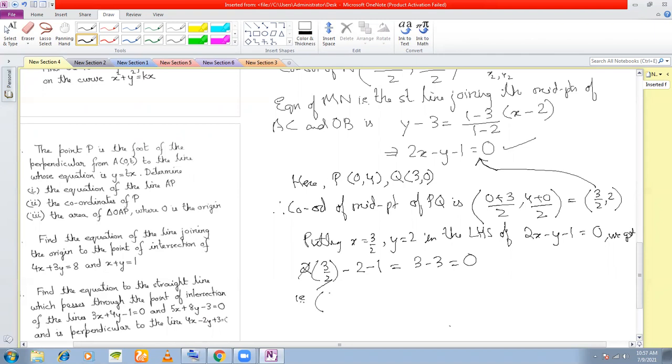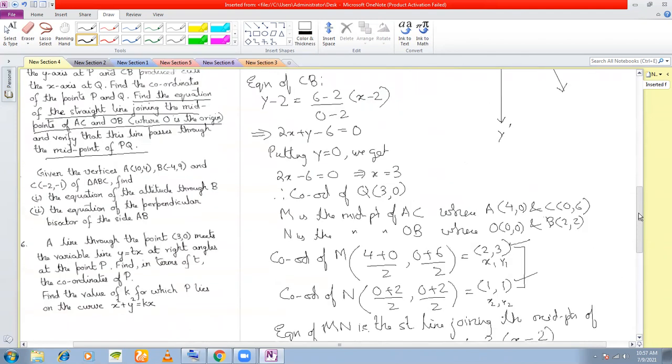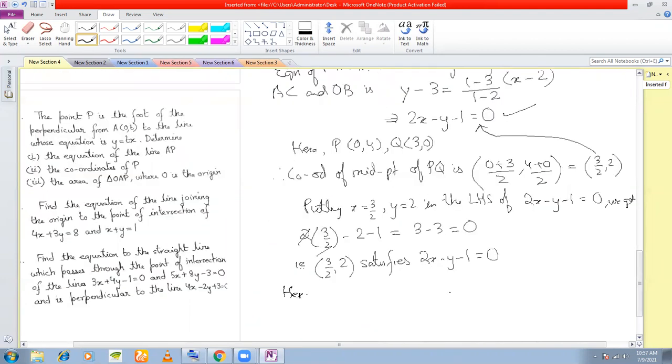That is, the point (3 by 2, 2) satisfies 2x minus y minus 1 is equal to 0. Hence, what can you say? Hence, you can say that this straight line, 2x minus y minus 1 is equal to 0, passes through the midpoint of PQ. Okay, so that's the end of this question.